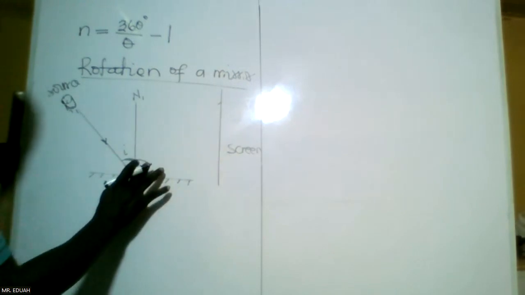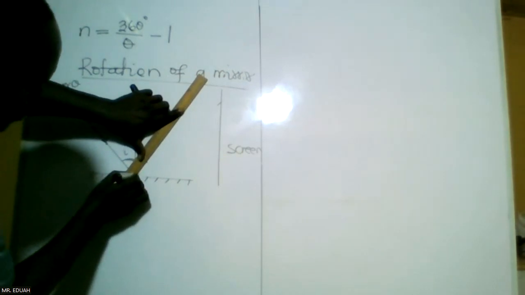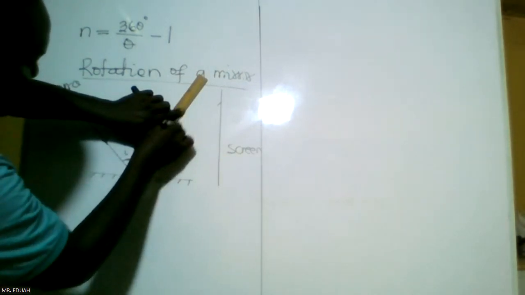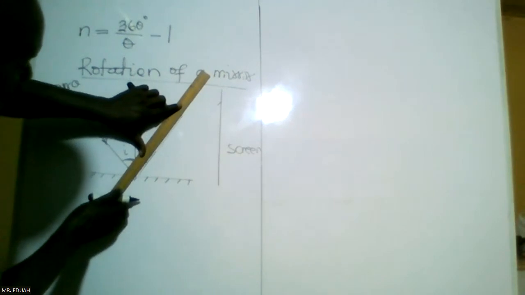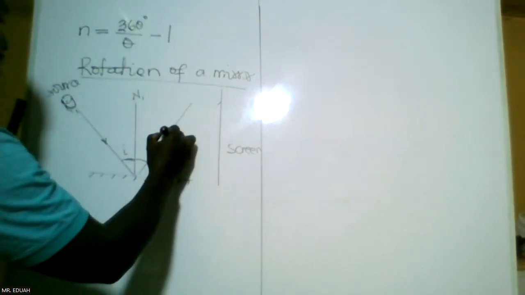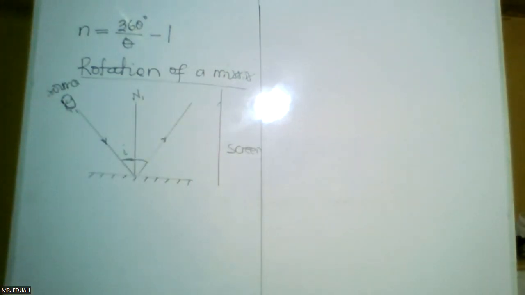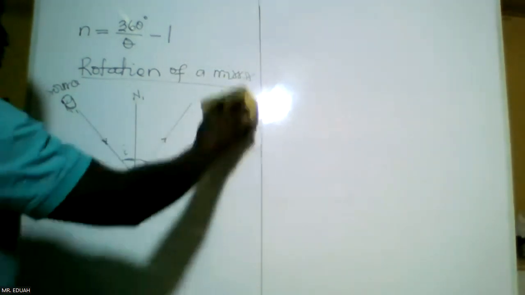I think R is greater than I. So this is R. Let me get rid of the screen first.